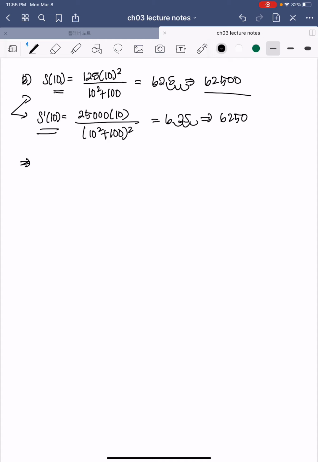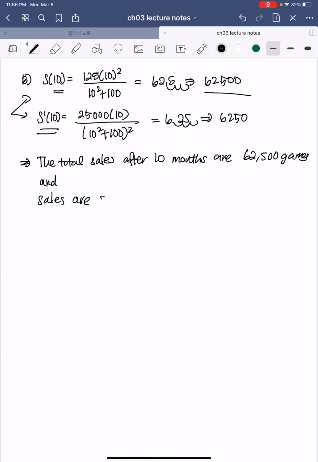So let me write it out. The first function tells me the total sale after 10 months is 62,500 games, and sales are increasing at the rate, because the derivative function tells you rate, of 6,250 games per month.